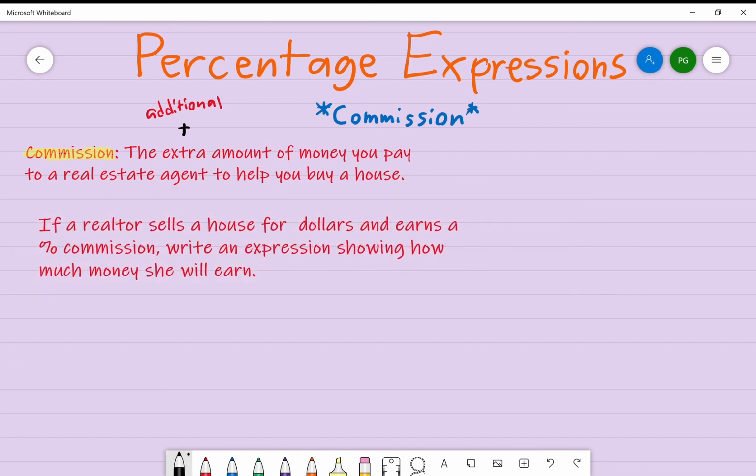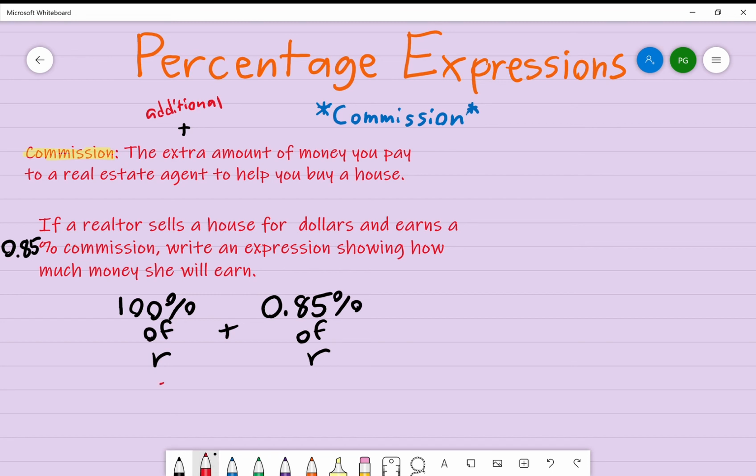So let's say she earns a commission of 0.85%. Okay? Alright, so she sold the house for 100% of R. I'm sorry, that's how much the house is worth. And she gets 0.85% of R.